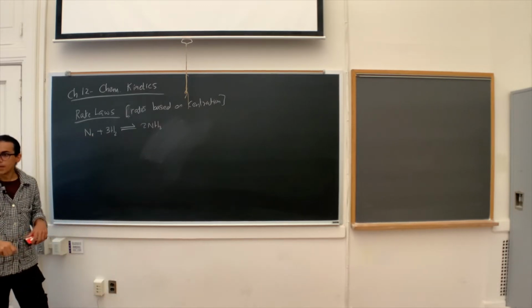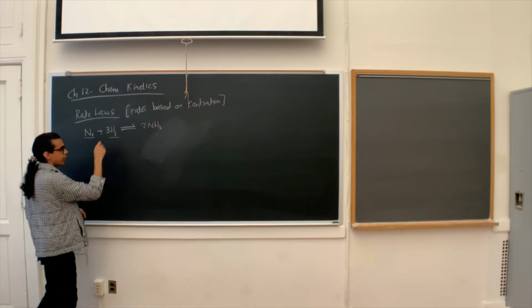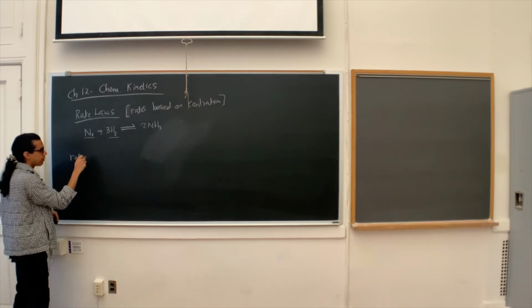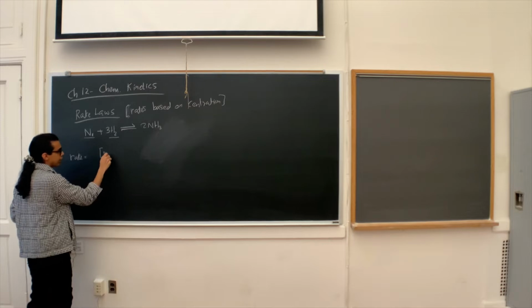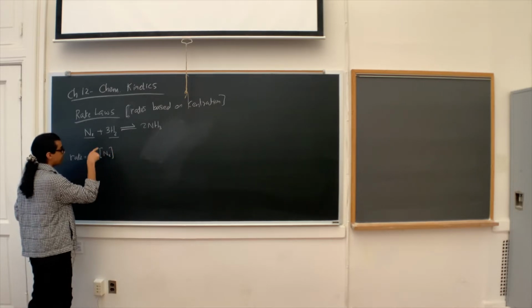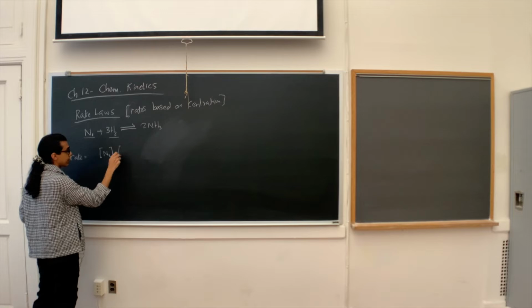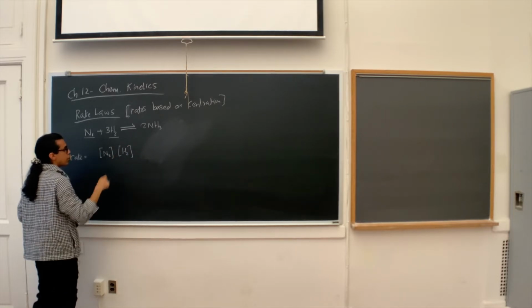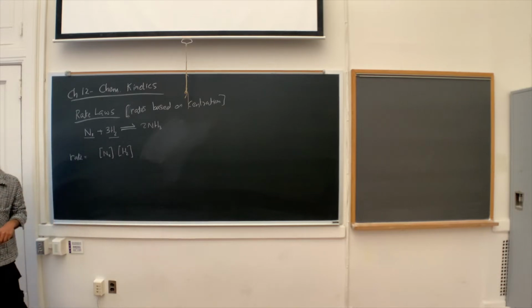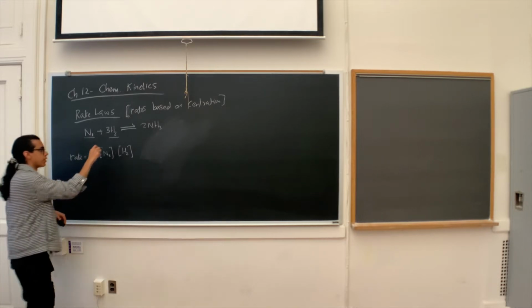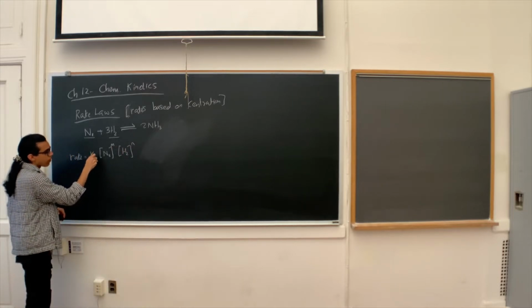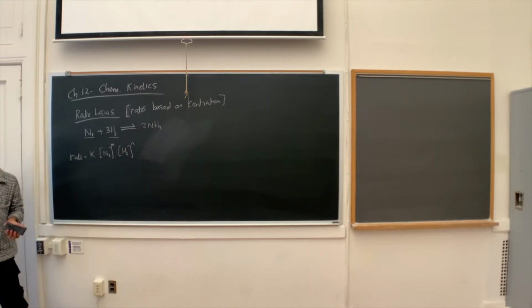My reactants here are nitrogen and hydrogen, and so the rate of the reaction will be given by the concentrations of the reactants, which is nitrogen and hydrogen, raised to some powers, right? So it's raised to some powers, m and n, and then you have an overall constant up front. That's what a rate law is.